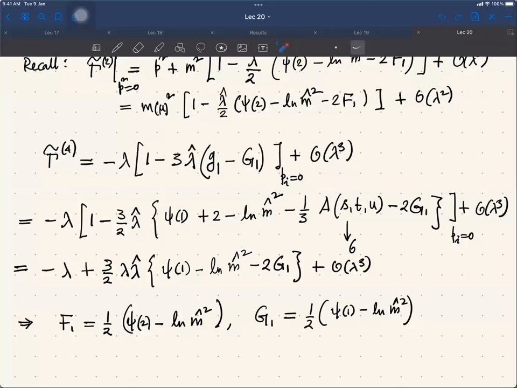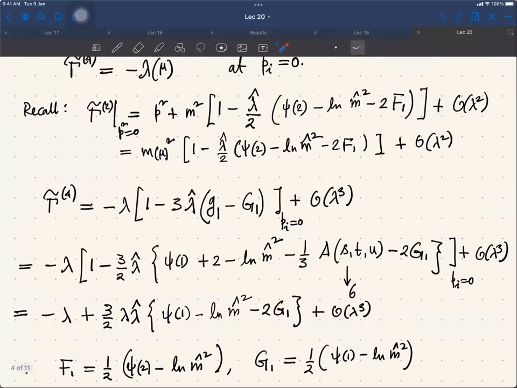So once you find the finite ambiguities in terms of known functions using this particular prescription, then one can substitute them back into the original expressions for non-zero values of p square in both gamma tilde 2 and gamma tilde 4. So actually, I should also write here calculated at pi equals 0.